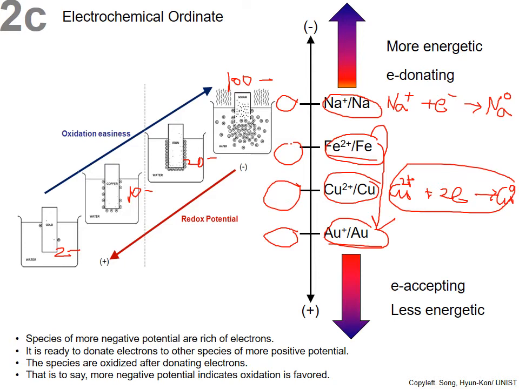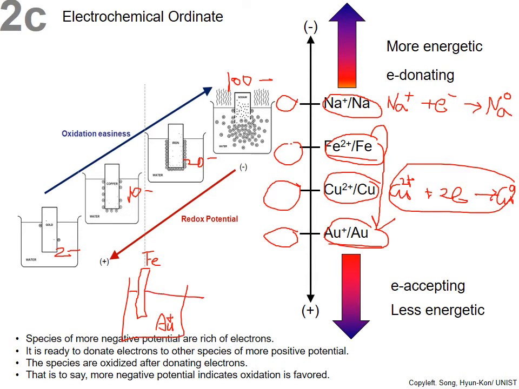Let me draw the picture about this same situation. Beaker, and right now you have an Fe metal bar, and then gold plus.